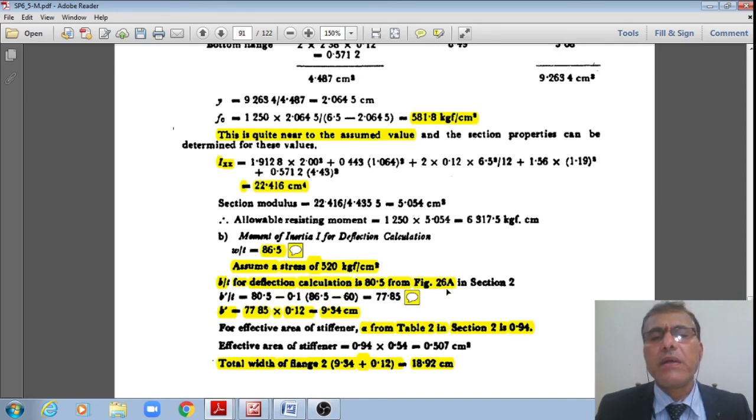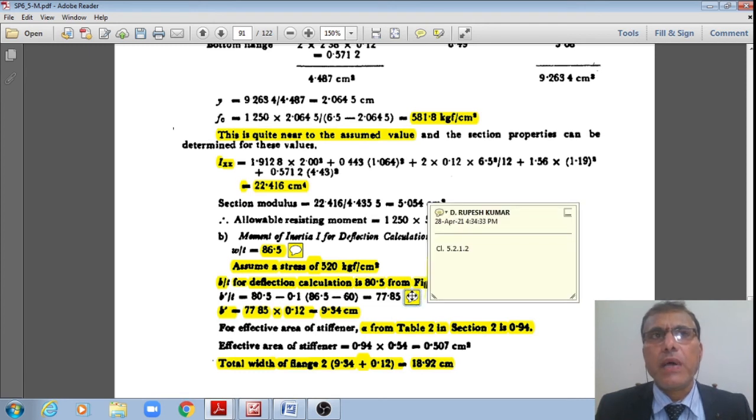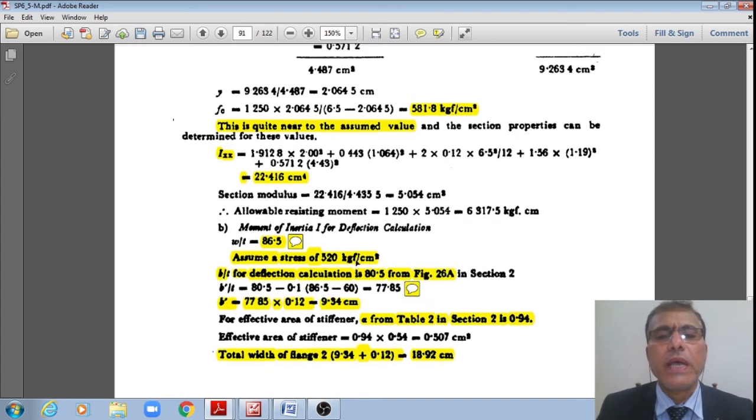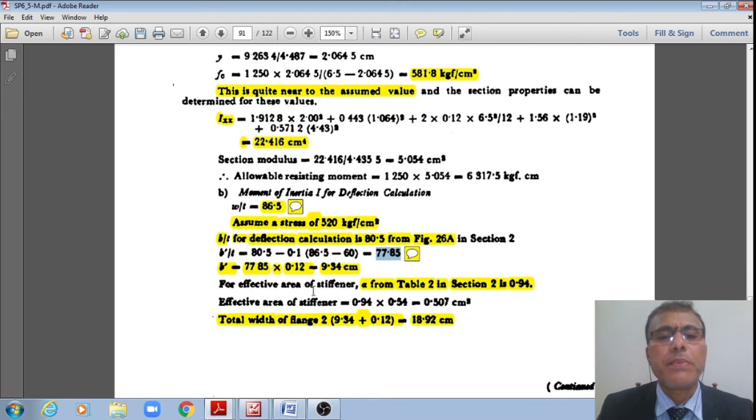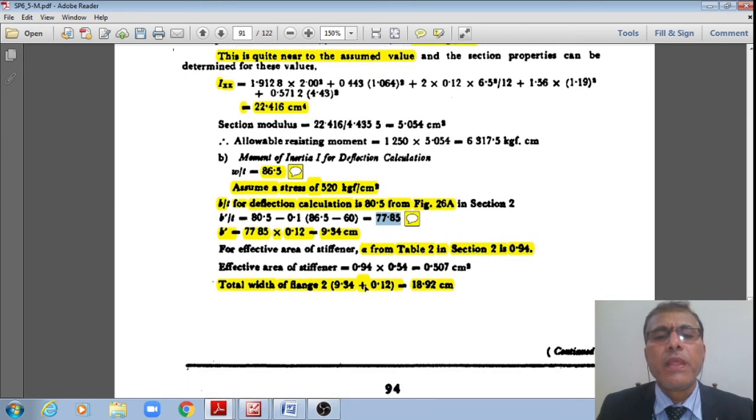From this design chart of SP65 figure number 26A, or alternatively from IS 801 class 5.2.1.2, which I showed in the previous discussion, B prime by T, as I already explained in the previous step, works out to 77.85. Therefore, B prime is equal to 77.85 multiplied by T, 0.12, which works out to 9.34.